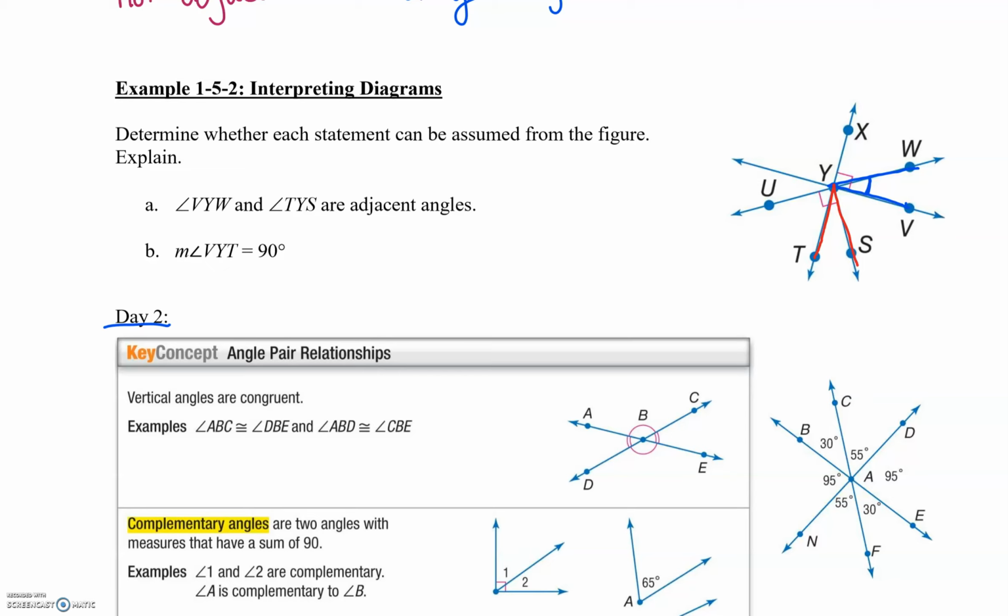Are those adjacent angles? No, they're not sharing a common side. No, they don't share a common side.